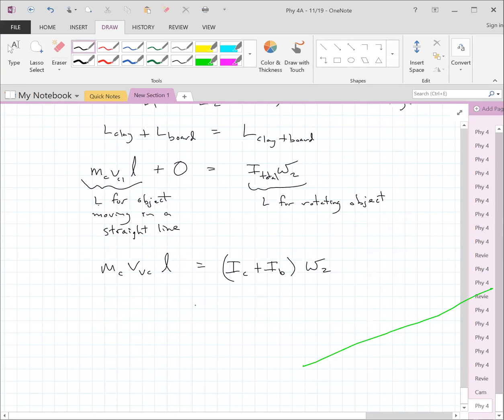So we're going to treat the clay as a point object, right? So that's just m r squared, right? And what is r in this case is the distance from the mass to the axis of rotation. That's just L. And for a board rotating about its endpoint, we look that up, 1/3 the mass of the board times the length squared, 1/3 m L squared.